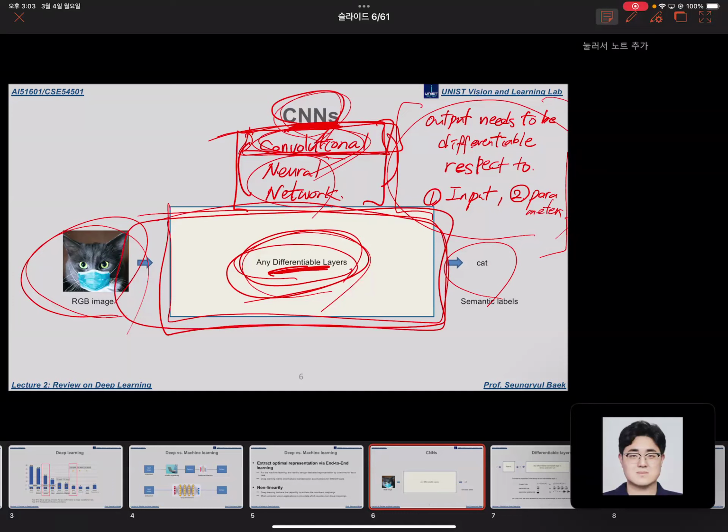These deep layers are trainable when their output is differentiable with respect to their input and their parameters. Any questions?